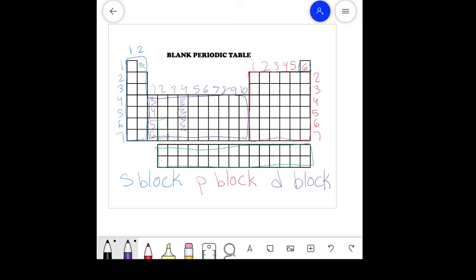So this block here, which I think is chromium, and this block here, which is zinc maybe, copper, silver, gold are all in here. These are going to be different because they are going to fill up their D block. Say you have chromium, let me just show you.